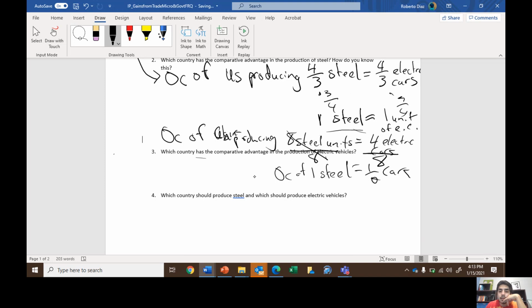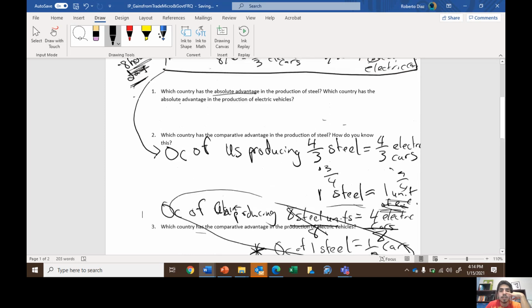And then we said that the country with the lowest per unit opportunity cost of producing a good has the comparative advantage in that good and therefore should specialize and produce that good. It's clear that 1/2 is lower than 1, and so China has the comparative advantage in the production of steel.